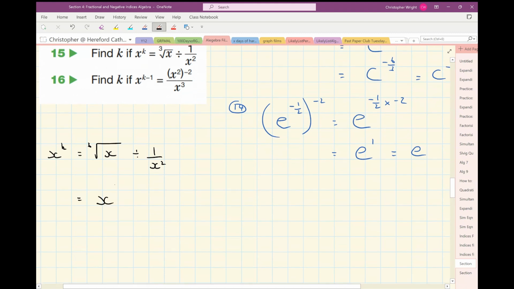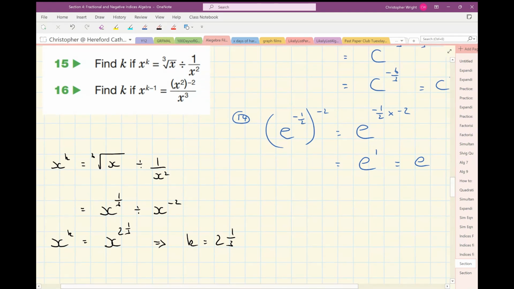So that's x to the power of 1/3 divided by x to the power of minus 2. Okay, well remember, if you divide you subtract the powers. So 1/3 minus minus 2 is 1/3 plus 2. So that's x to the power of 2 1/3. So I've got x to the power of k equals x to the power of 2 1/3. So therefore k must equal 2 1/3.